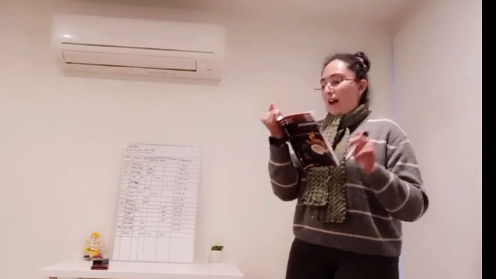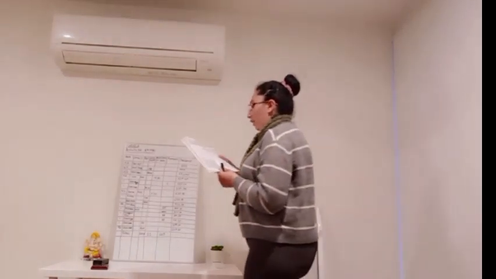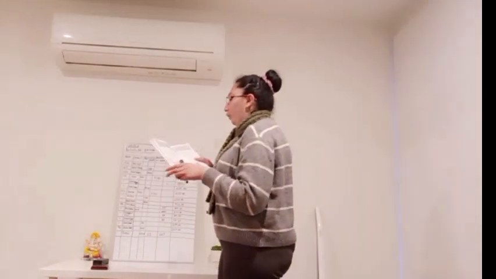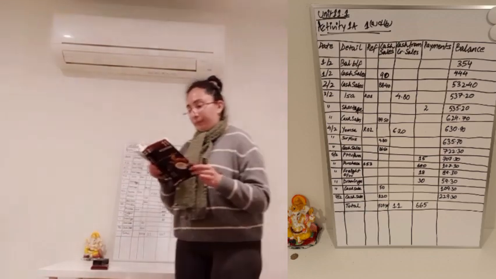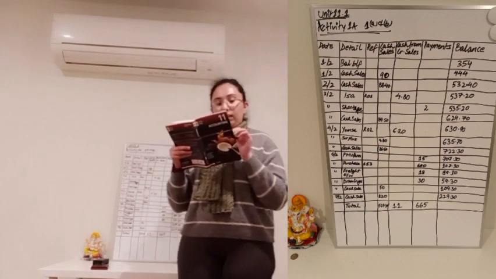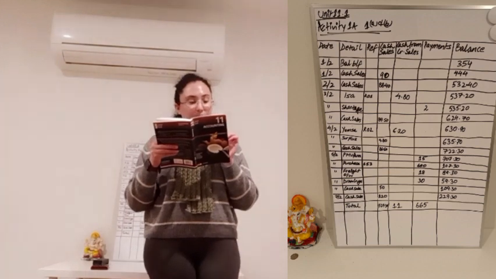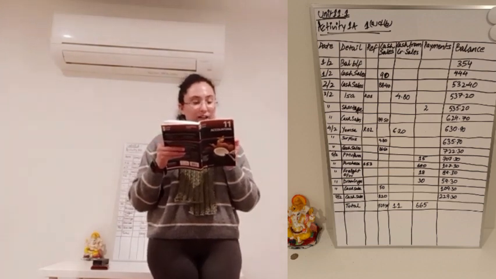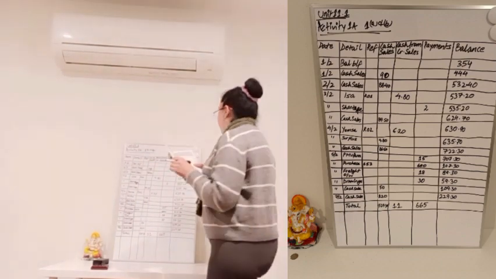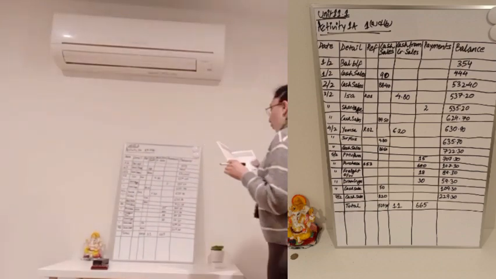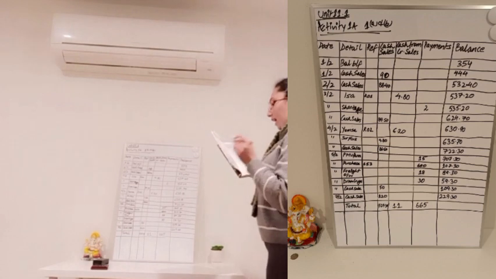So the balance after that entry would be 354 plus 90, which is 444. Then next day cash sales 88.40. So the balance would be 532.4 after adding that.